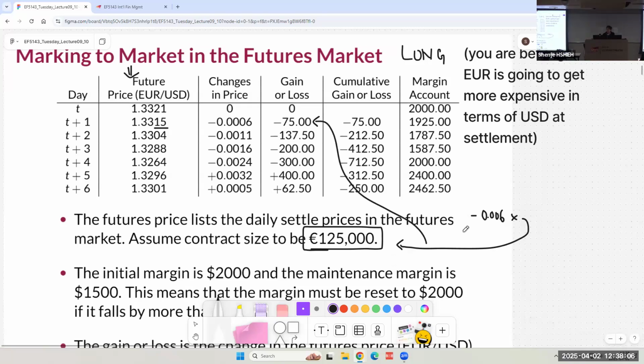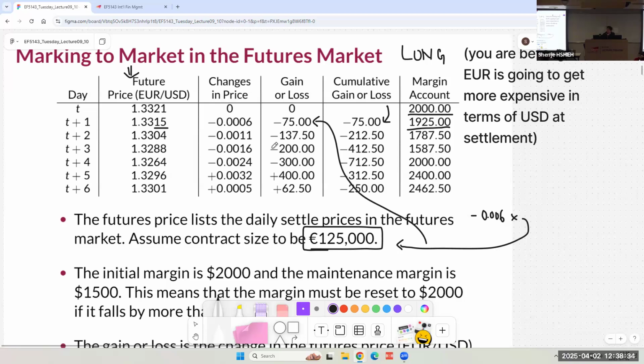Right. So we're multiplying the price change by the contract size, and that's a minus $75. Cumulative just means we sum up all from the beginning all the way to here. Because it's a negative, you deduct $75 from your collateral, which is your margin, 2,000. So that's why it's 1925, because 75 plus 1925 is 2,000.